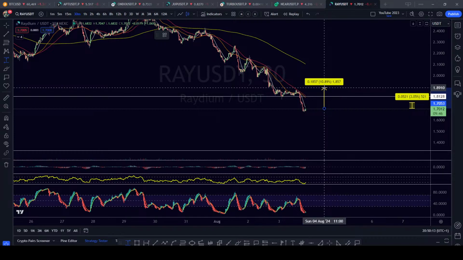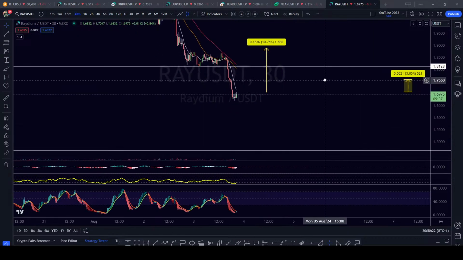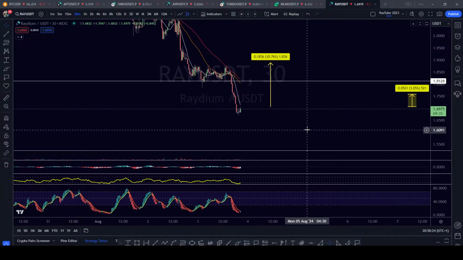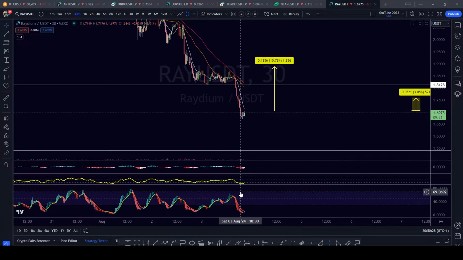This one actually moved too much. Okay, so here's the game plan on this one. If you're thinking about a short, you're gonna have to wait at least maybe 2 hours, maybe 4.